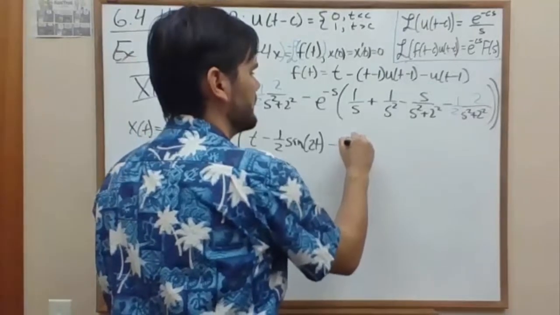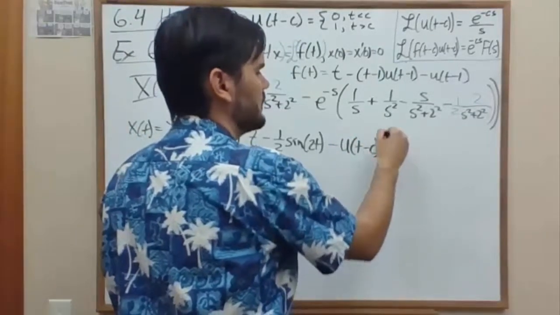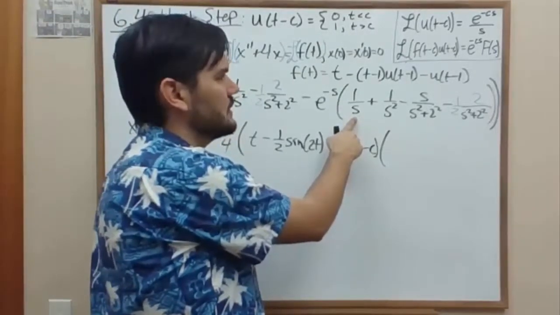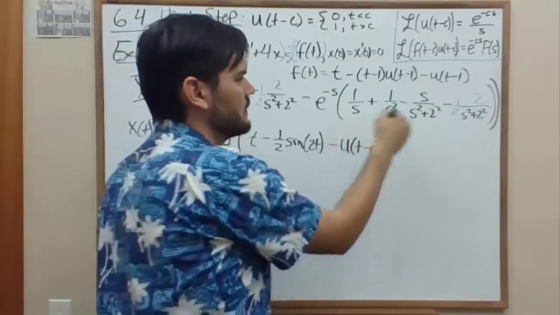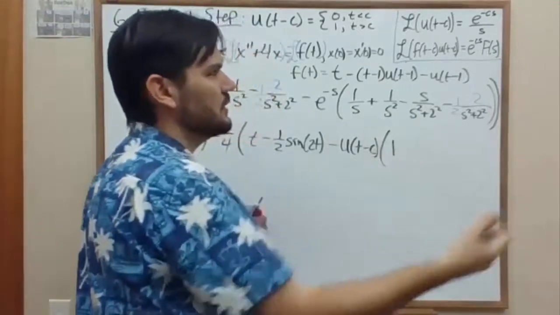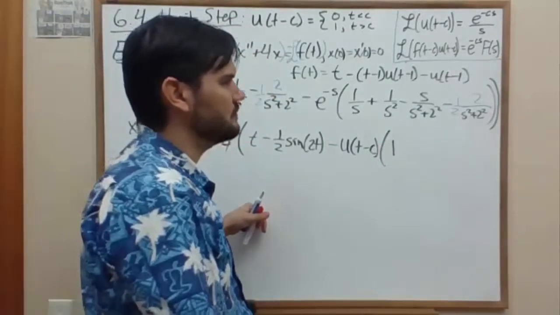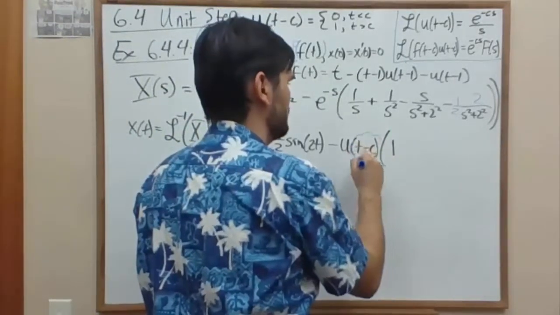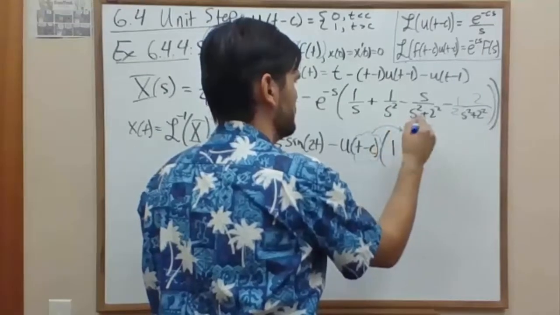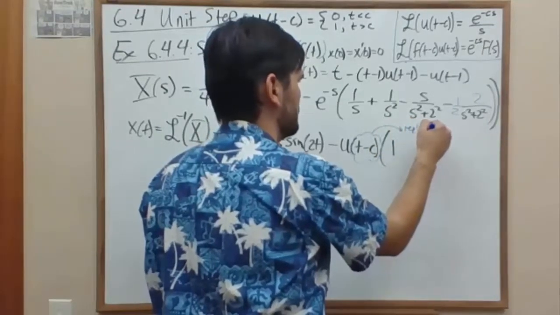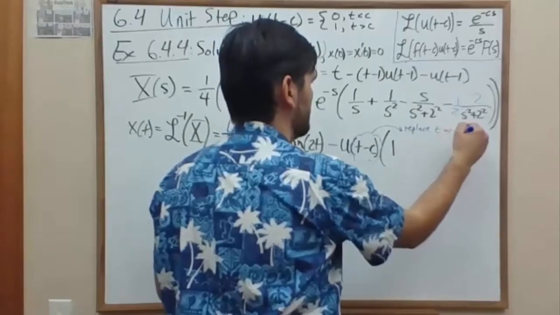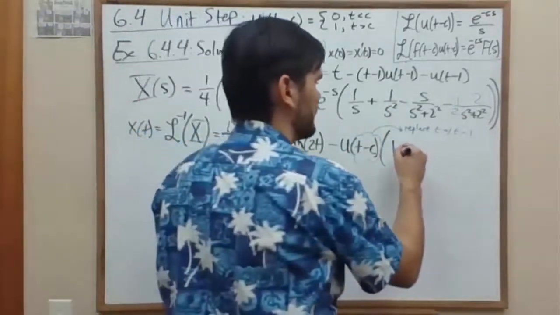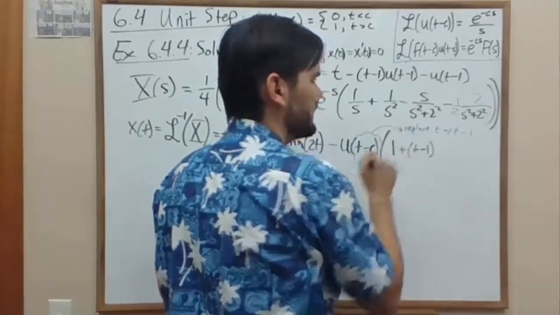So first I factor out the unit step, and it doesn't matter what order you write this. I look at my function. This is a 1, so that means I have a 1 shifted, replacing all t's with t minus 1. And then I have 1 over s squared, which is t, so that's a t minus 1.